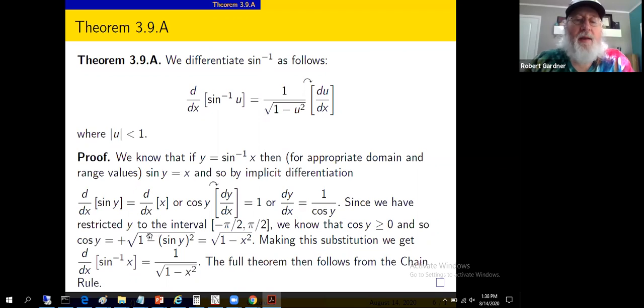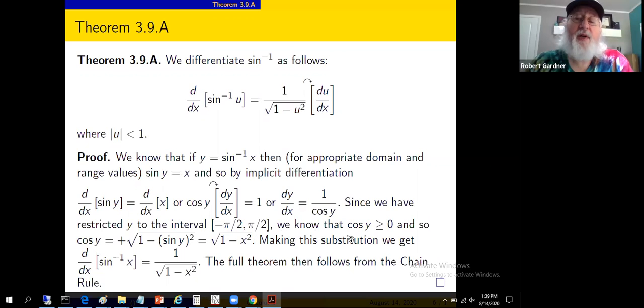We've got y coming out of a sine inverse function. y must be between negative pi halves and pi halves. Hey, cosine of y. What is the cosine of y for these angles? If you think about the graph of a cosine function, cosine of an angle is greater than or equal to 0 when that angle is between negative pi halves and pi halves.